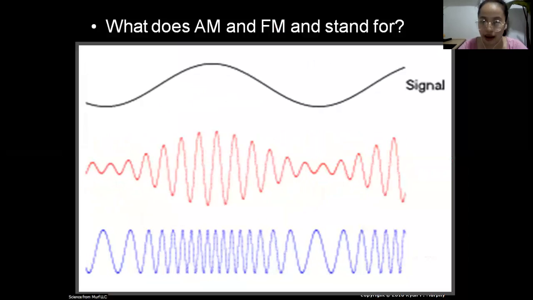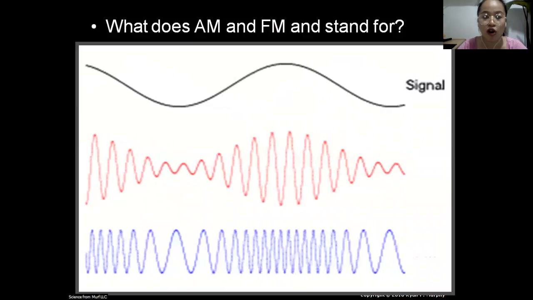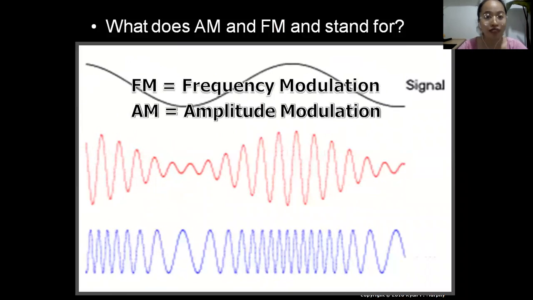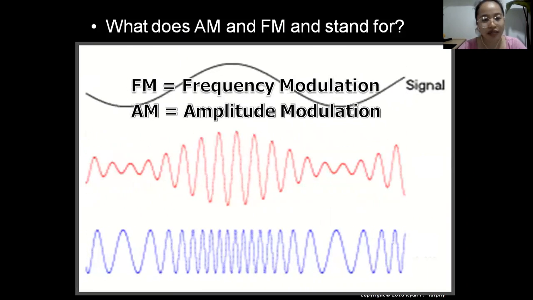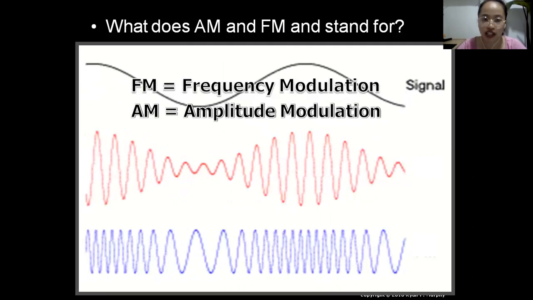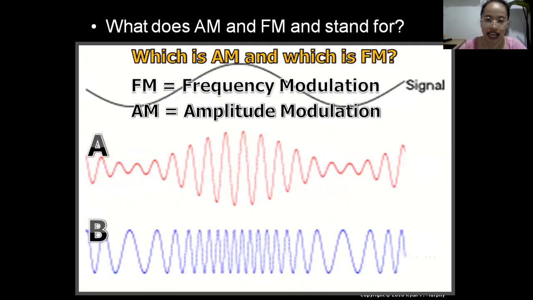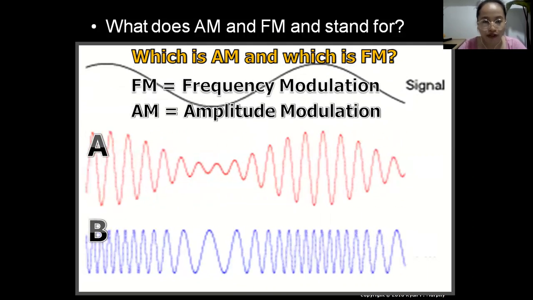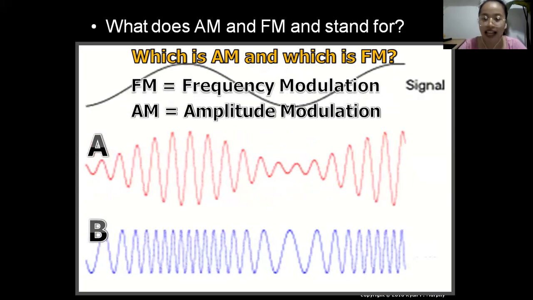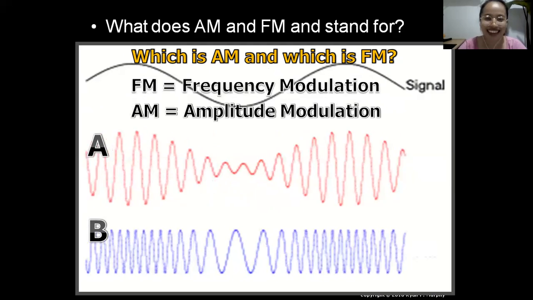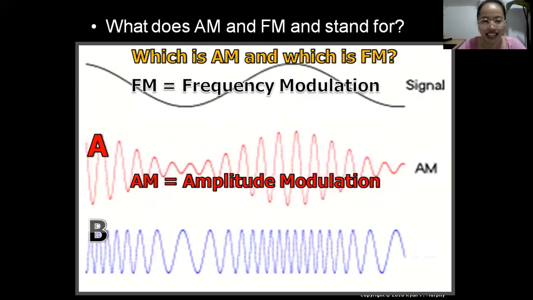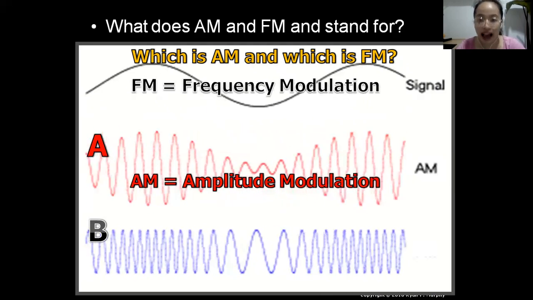Okay, what do AM and FM stand for? FM means frequency modulation, and AM is amplitude modulation. So which is AM and which is FM in this wave? Is it letter A or letter B? Correct. It's letter A. That is your AM.